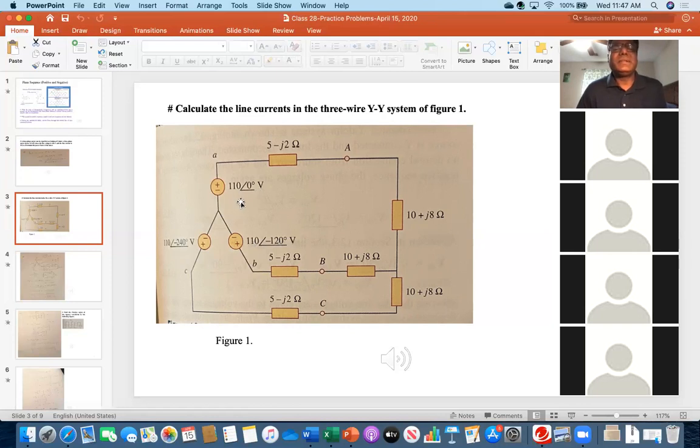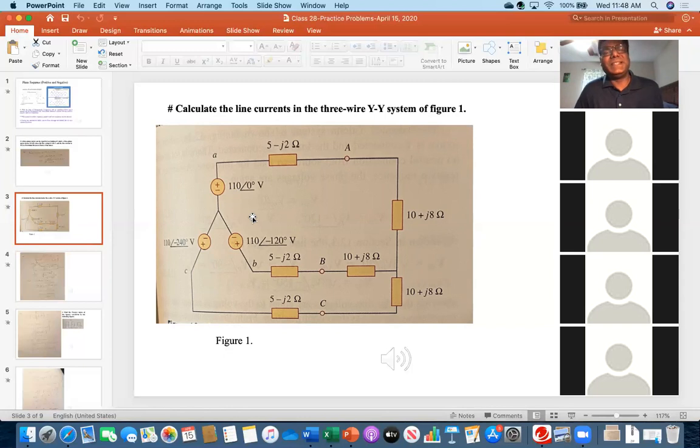Can you tell which phase sequence this is? What's the phase sequence? Nathan? Yeah, positive sequence, ABC.